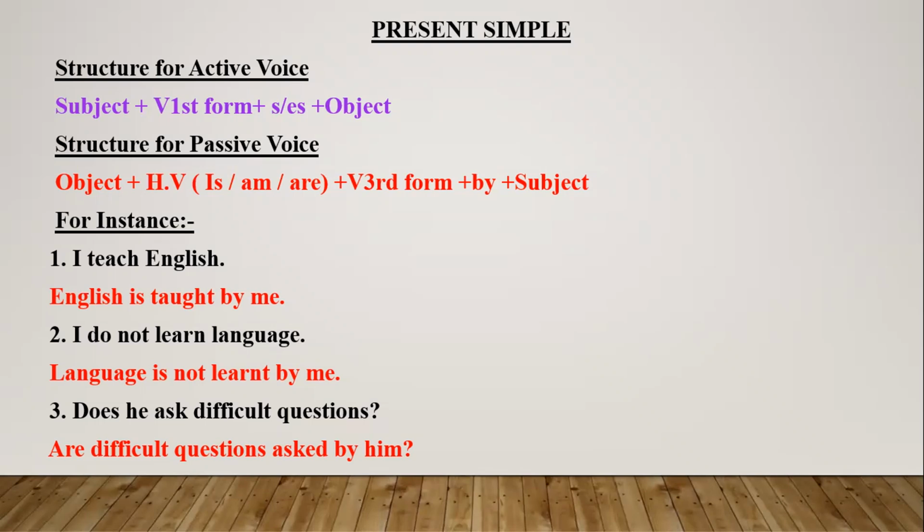So you should take object first, that is English. After English, you will put helping verb. English is singular subject, so we use is. After is, we use third form of the verb. We have been given teach, so we have to use third form of teach. That's called taught. And by me, I will be converted into me. So the passive would be English is taught by me.